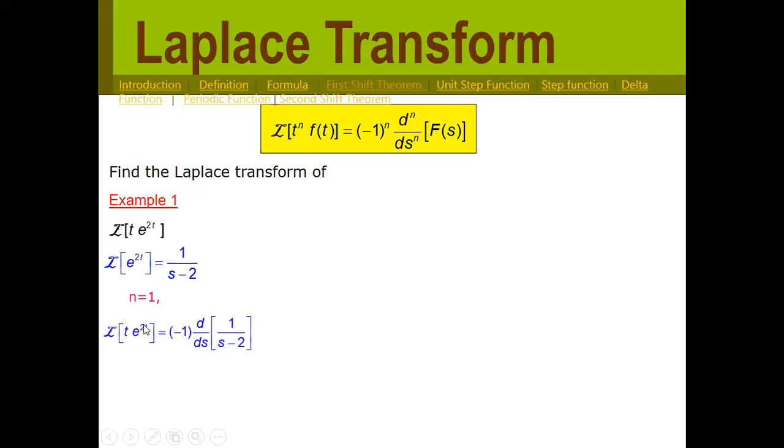And now Laplace T is T power of 1. So N dia berapa? N dia 1. So bila N dia 1, so differentiate to the first order for the 1 over S tolak 2 and times the answer of the differentiate times with the minus 1 kuasa 1.